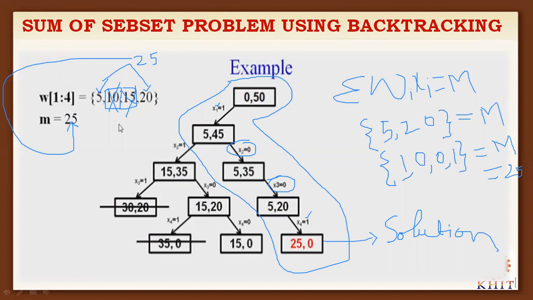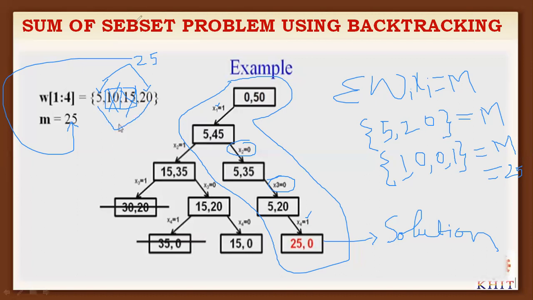You will get the solution in a stage-wise manner. Hence, I will get one more solution, and there is a possibility of getting one more. What is that solution? Even if you consider 5 plus 20, you will get the value 25.